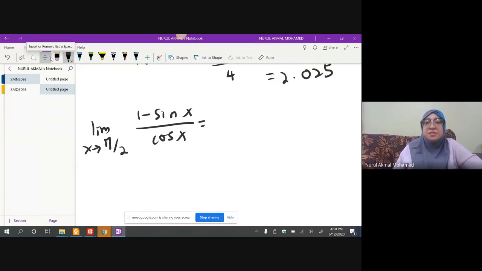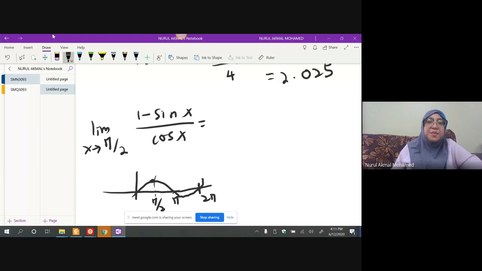Okay, so you substitute when x is equal to pi over 2 in this expression. So for the graph of sine, you have something like this. Okay? So this is 2 pi, and this is pi, and this is pi over 2. Okay? So when x is equal to pi over 2, the sine of pi over 2 is equal to 1.